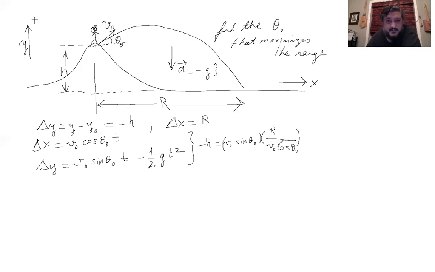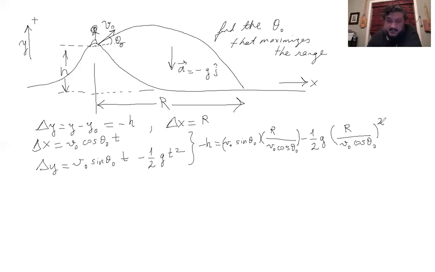All right, that's the first term. Now the second term is minus 1/2 g t squared, which is r divided by v naught cosine theta naught, squared. All right. So let's simplify this a little.